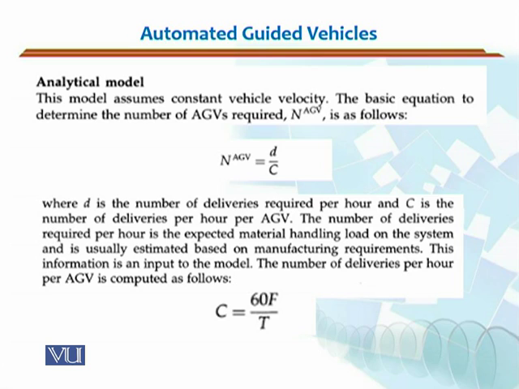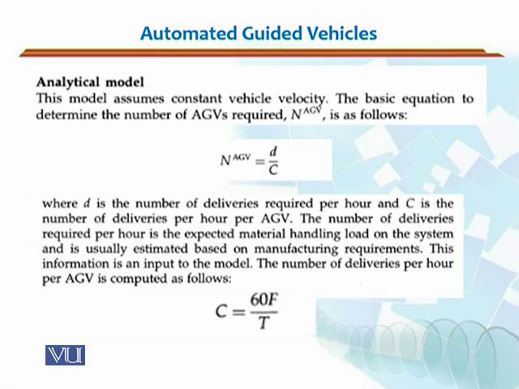That would be equal to D over C, where D is the number of deliveries required per hour and C is the number of deliveries per hour per AGV. So what is the requirement, and what an AGV actually delivers in an hour is C. The ratio of D over C will give the number of AGVs required.